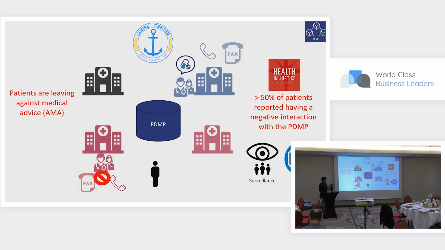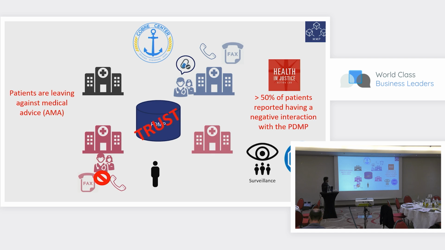And due to a lack of security in this system, law enforcement or outside external organizations can surveil which of these patients are on these medications. So this is clearly a flawed system, and this is making the opioid epidemic a far worse problem.